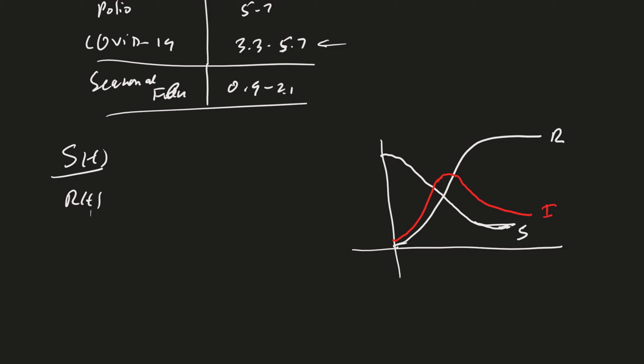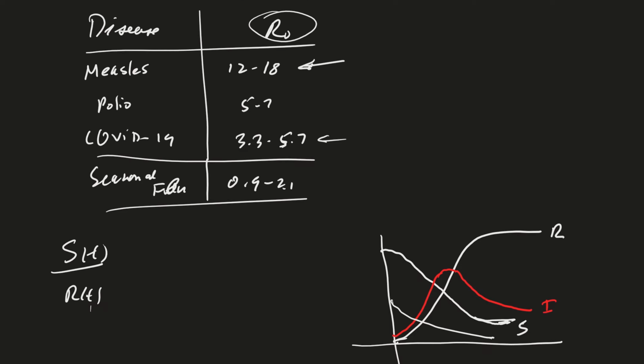Now they may not look exactly like that. In fact, the I we will see in some of the simulations may just come straight down. And in that case, the R wasn't strong enough, you could say. The R0 was not strong enough.